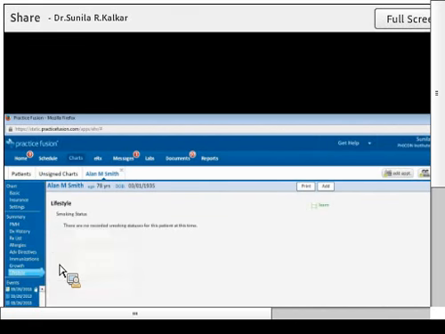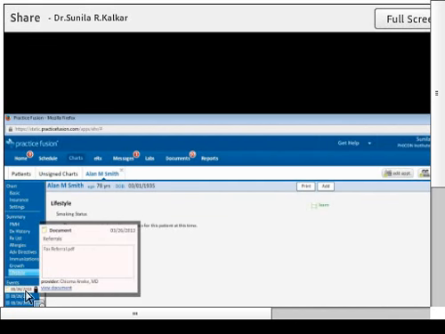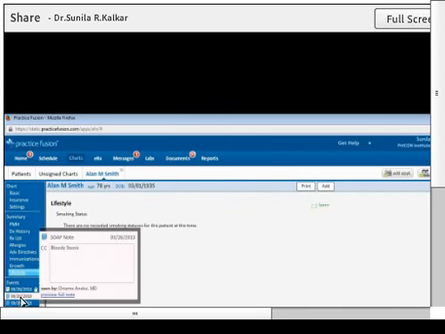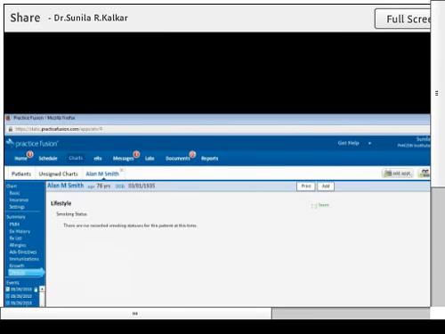Okay, because in a multi clinician practice, it is important to know who was the person who altered or who went in the chart of the person and did something. And this is highly important because there is something called an audit trail, which you have to know.